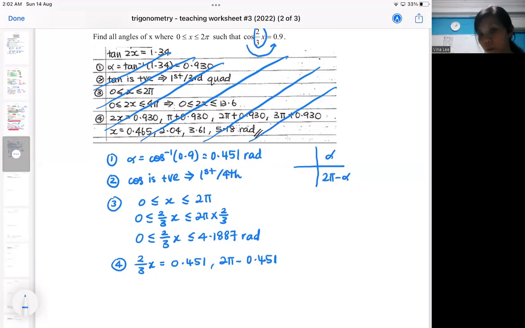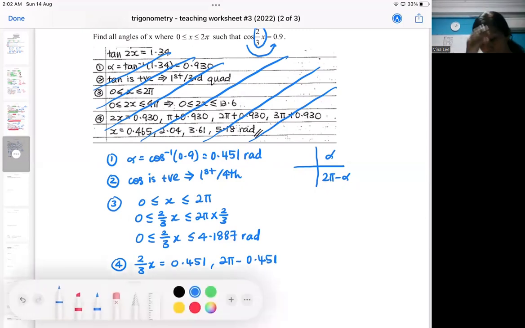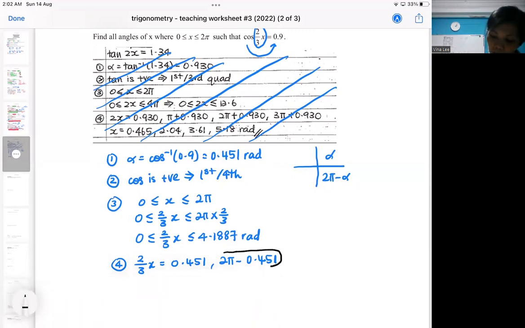So do we continue some more? So actually you got to check. You got to punch the calculator to check. So if you try to punch this on your calculator, you'll realize that this is 2 pi minus alpha.